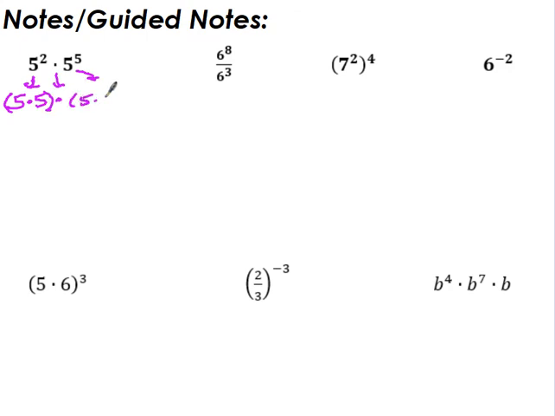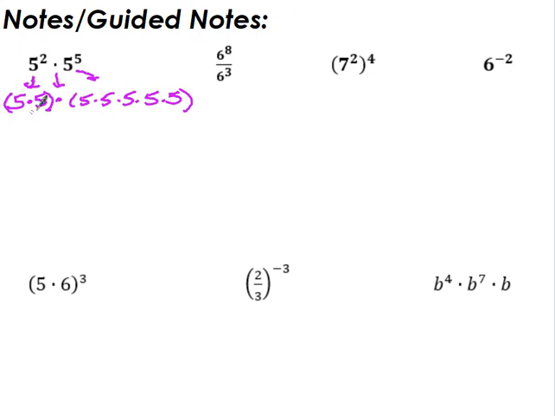So that's 1, 2, 3, 4, 5. By expanding these out into standard form, I can see everything I'm actually doing. This is a shortcut of writing this.